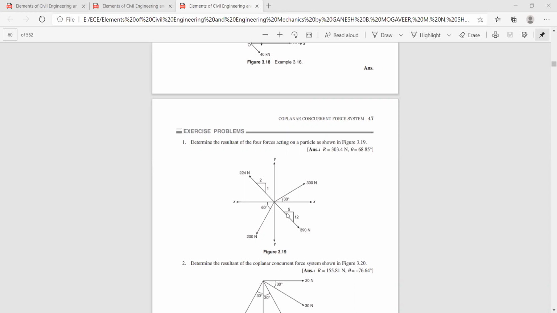How much is the angle? I want these two angles. I can call this angle theta 1, and this angle theta 2. So find out the angles.